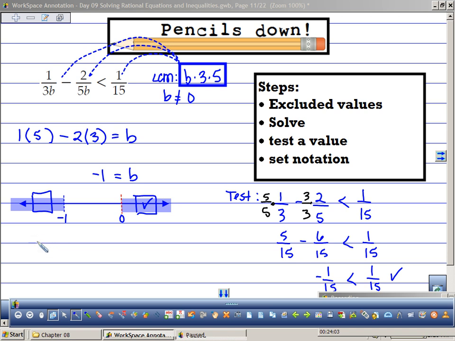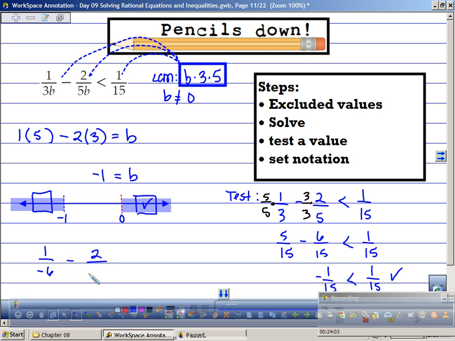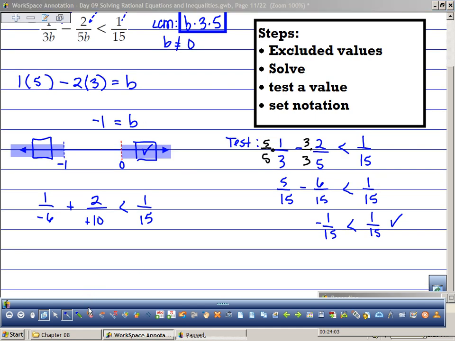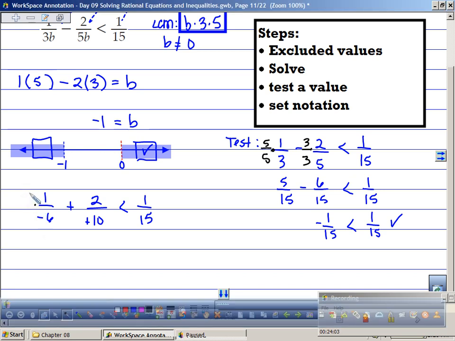Okay, so I have 1 over -2 would be -6, minus 2 over -10 is less than 1/15. Like Evan was thinking, if this is a negative and negative becomes positive, what do I multiply everybody by? We could multiply everybody by 30, or we could just multiply this by 5, 3. It would have been easier to multiply everything by 30.